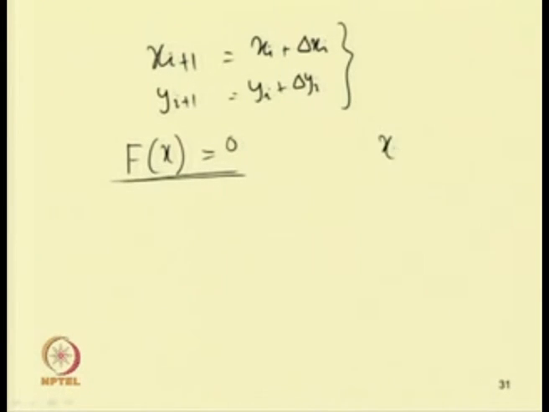So, x is a vector, x1, x2, x3. So, we have to solve this system of equations f(x) equal to 0 to find x1, x2, x3 and all the roots.